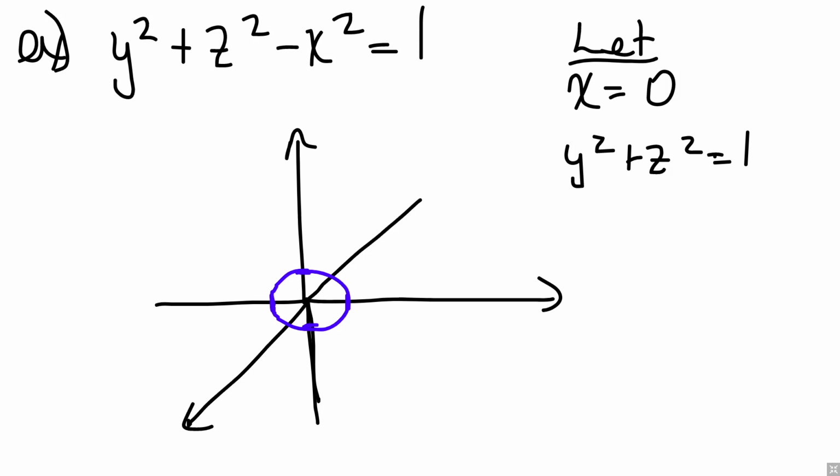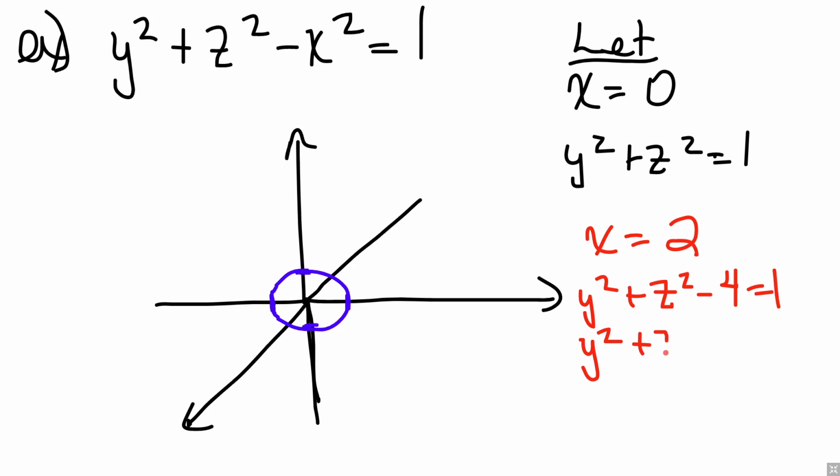So let's look at x is equal to, let's say 2. 2 is really not a good value, but it'll work for us. So let x be 2. So we're going to have that y squared plus z squared minus 4 is equal to 1, or y squared plus z squared is equal to what? 5. It's equal to 5.